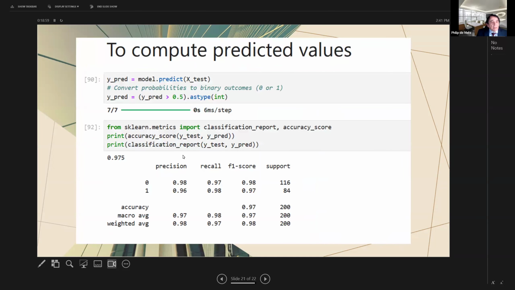And the accuracy is 97%. So we jumped from 0.81 to 97% using this algorithm, which I don't want to say is too simple, but is straightforward, and you can significantly boost the accuracy of your work.